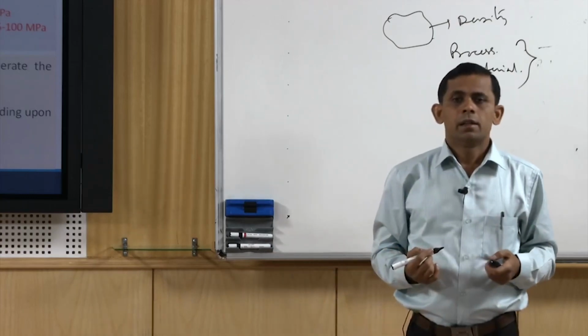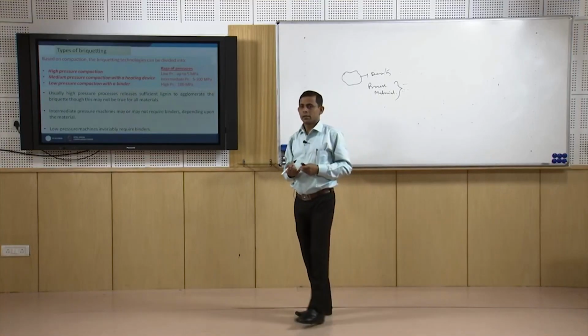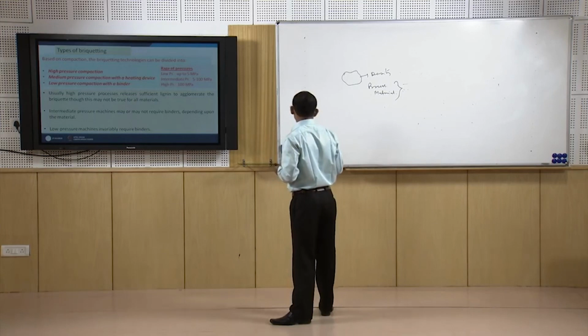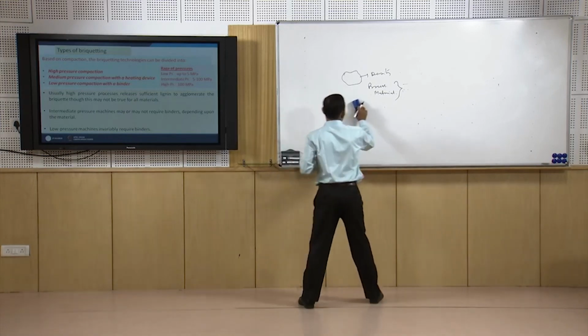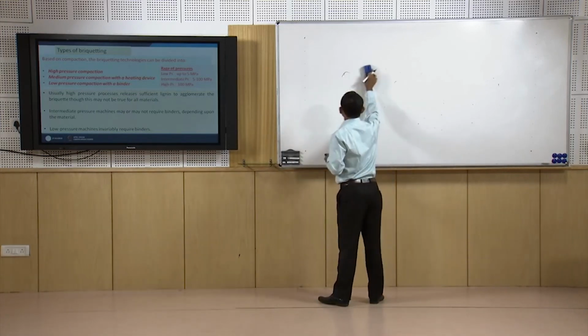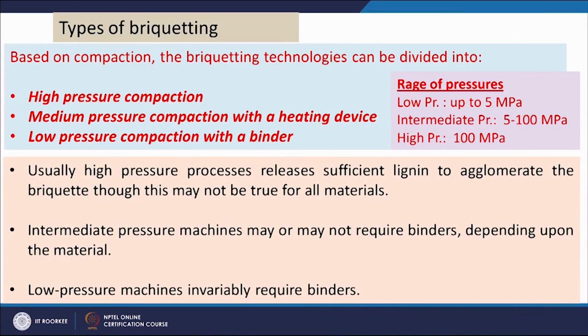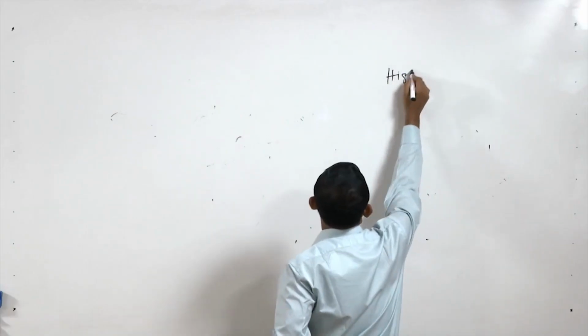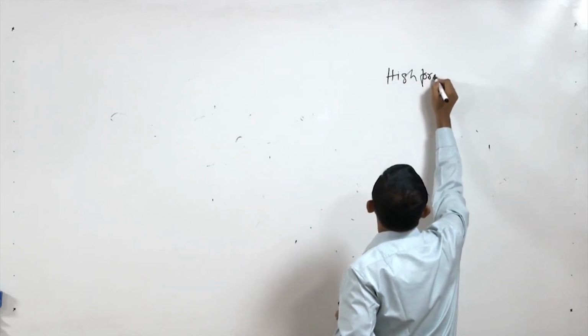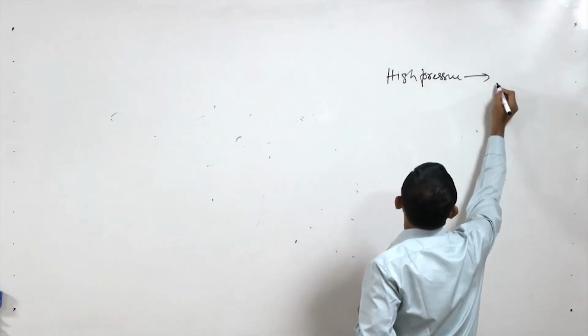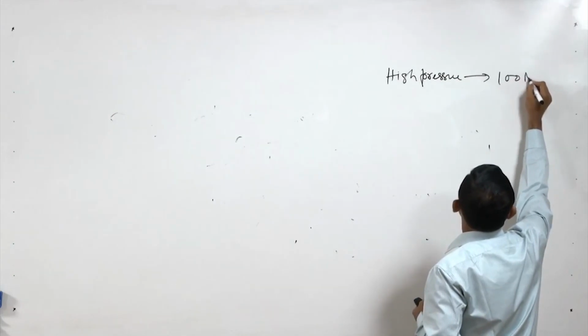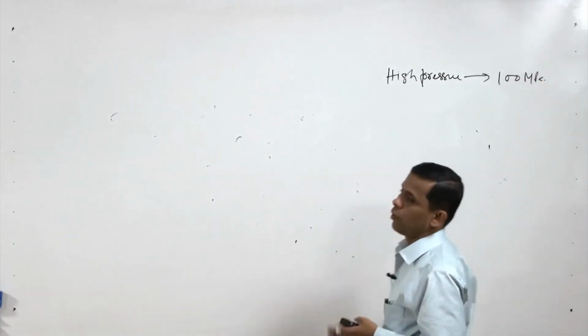Now, we will see how many types of briquettes are available or can be produced. So, we have seen high pressure. What is that high pressure? Around 100 megapascal or more than this.